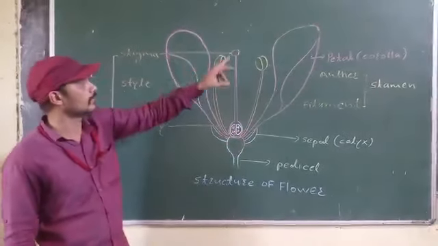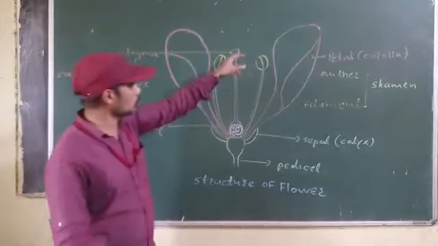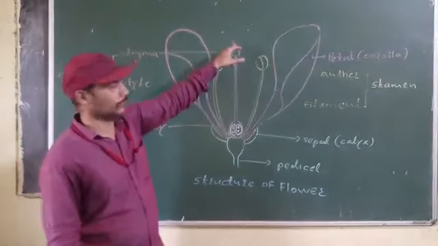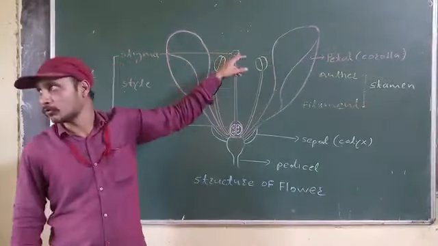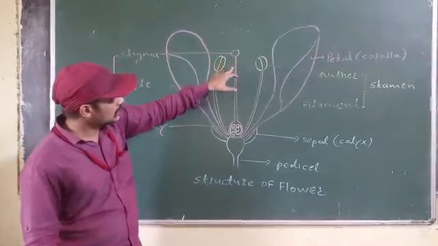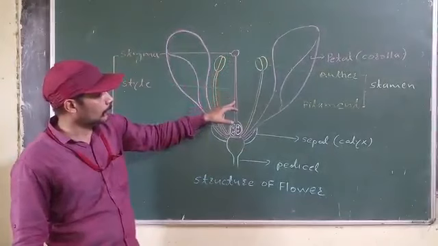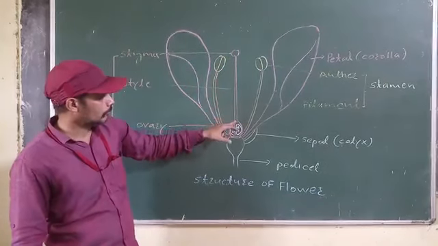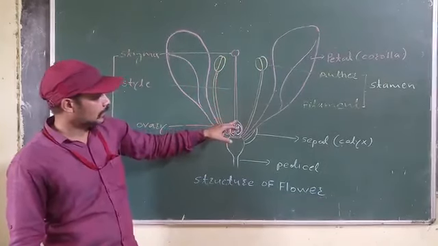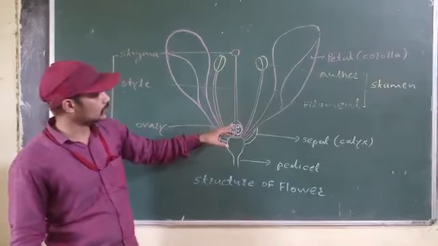So we know that the stigma is the site where pollination is going to take place. Through the style, the pollen tube develops after pollination, which brings the male gametes towards the ovule.